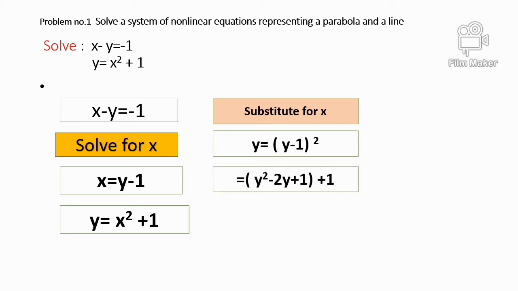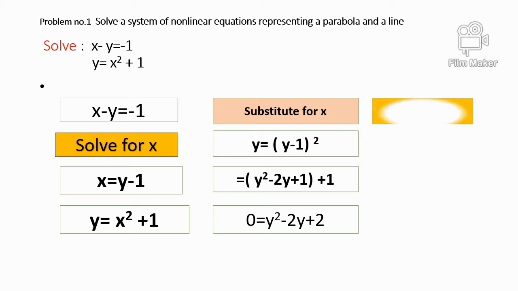Therefore, we multiply y minus 1 by y minus 1, and the answer is y squared minus 2y plus 1, and plus 1. So 0 is equal to y squared minus 2y plus 2. Then factor y squared minus 2y plus 2. So the answer is (y minus 2) multiplied by (y minus 1).